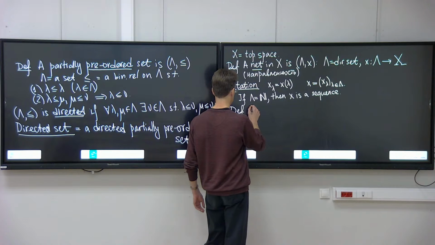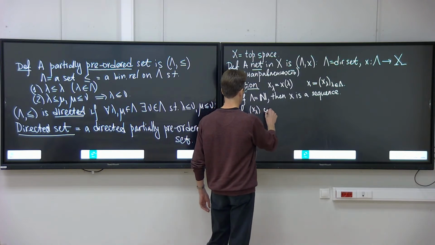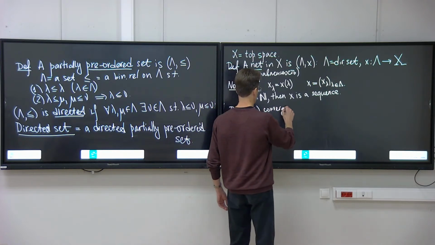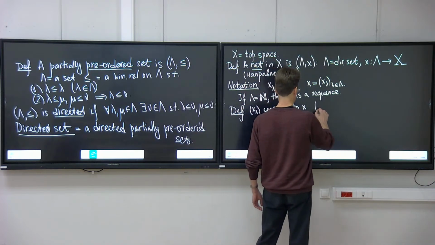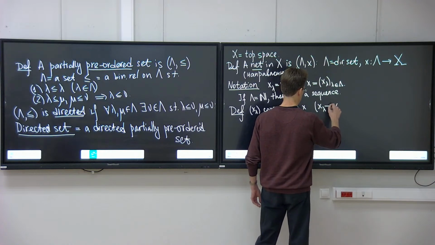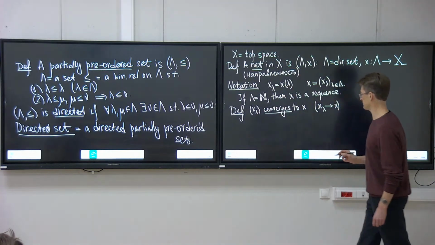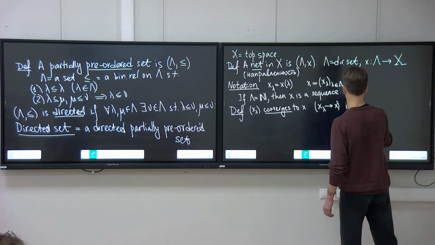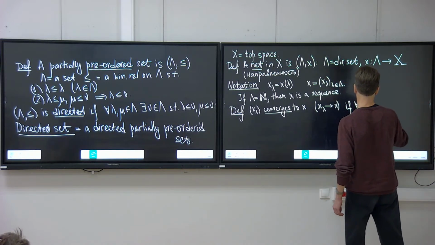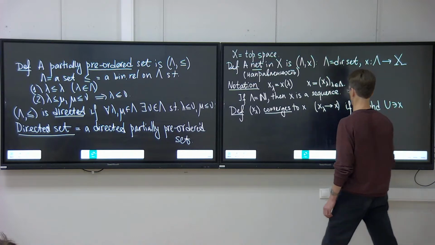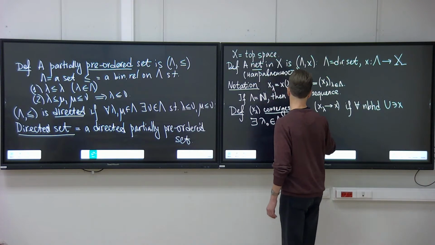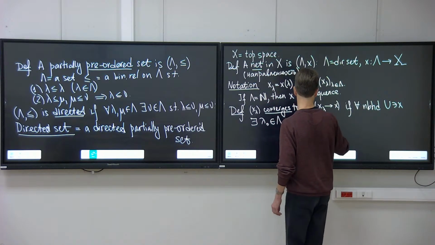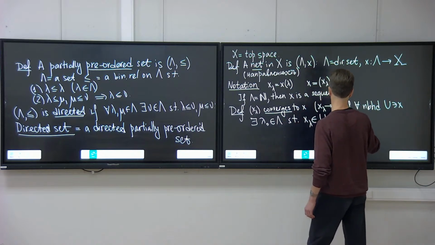We say that a net x lambda converges to x and write the following combination of symbols if for every neighborhood u of x there is an element lambda 0 such that x lambda belongs to u whenever lambda is greater than or equal to lambda 0.